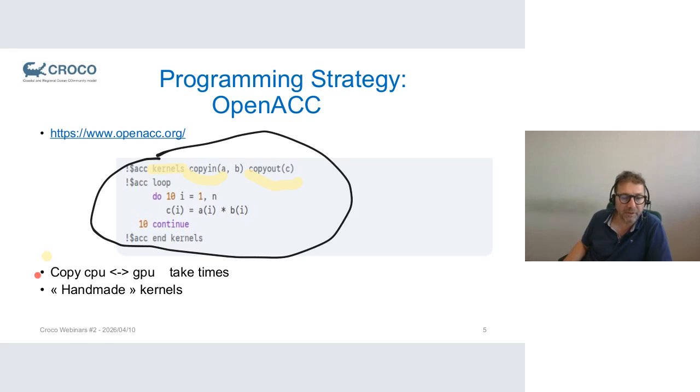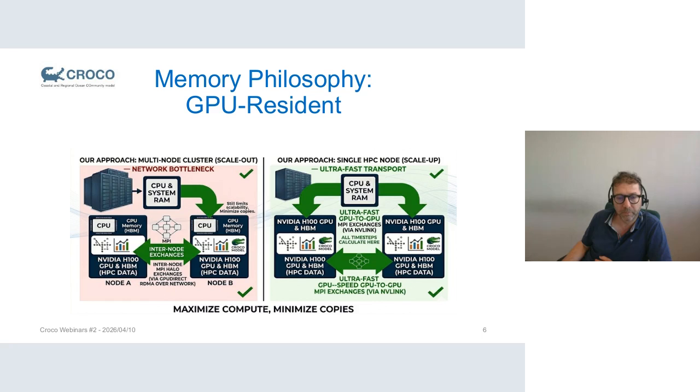One important thing is that the data transfer between CPU and GPU takes a very long time. So we adopted a strategy to deal with this data copy. We put all the Croco code on the GPU to minimize the data transfer.